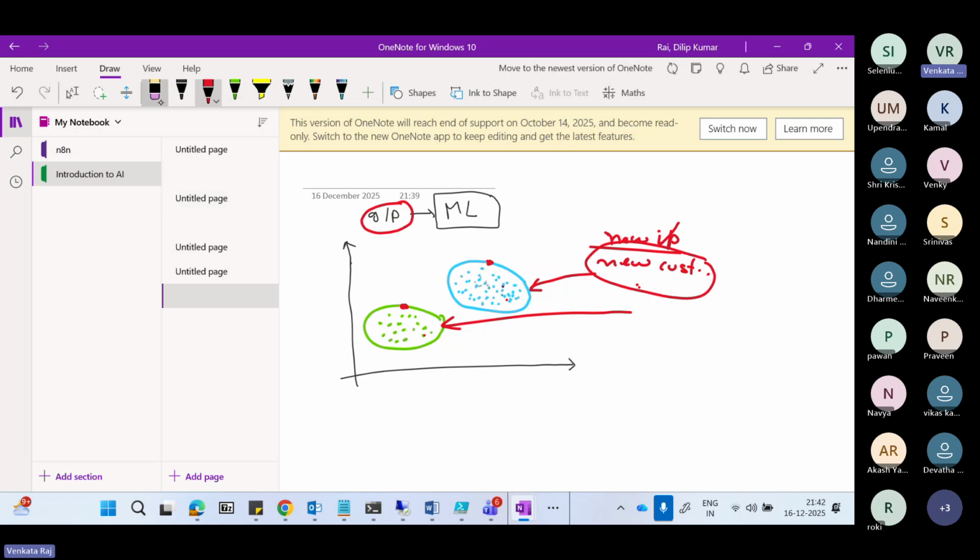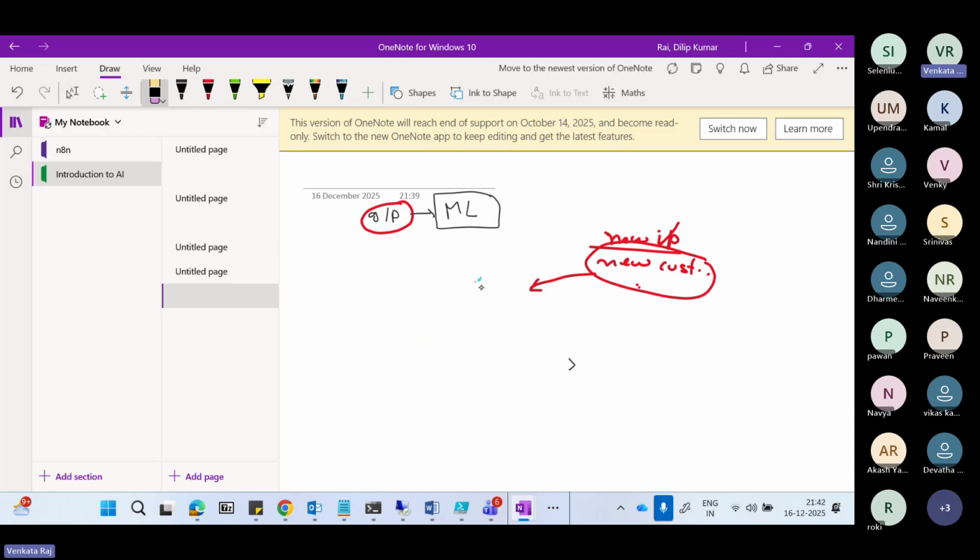So what clustering helps in is dimensionality reduction. Okay, now I'll tell you what is dimensionality. I'll not go that deep because we will cover this in future. Okay, so like CGPA, IQ, and placed or not.